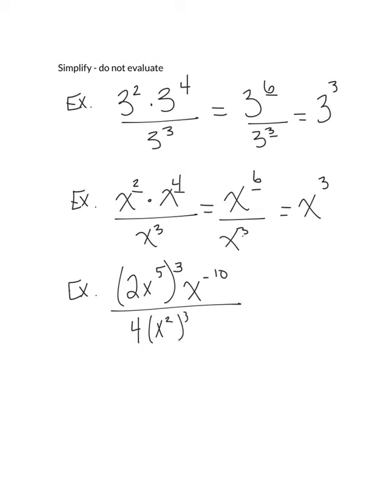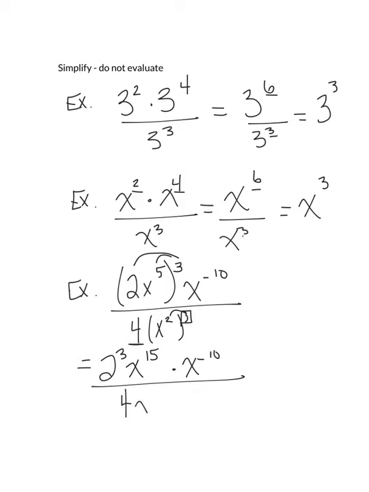So the first thing that I'm going to do is recognize that this cubed does need to go into both of these terms. 2 cubed times x to the 15 times x to the negative 10 all divided by, this cubed is not affecting this 4, so I am just rewriting the 4, and x squared cubed does give me x to the 6.